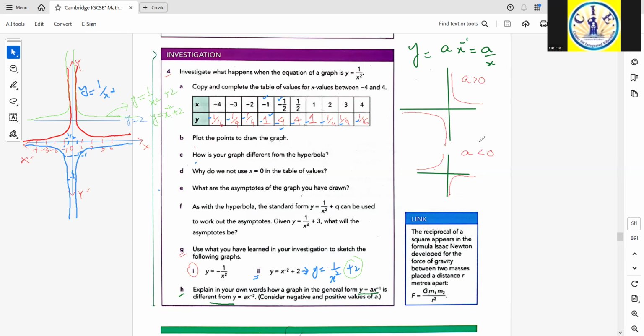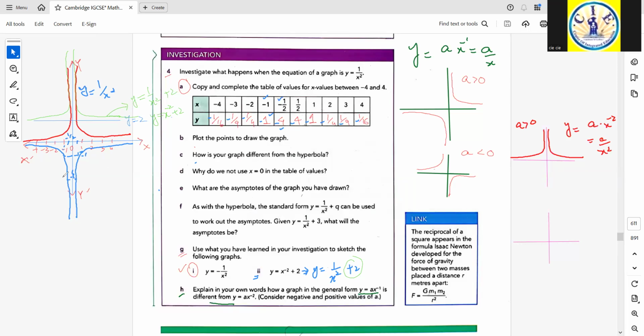And we have seen above in part A and in part G, part 1, that the graphs for y is equal to a x to power negative 2, which can be written as a divided by x squared, would be like this and like this when a is greater than 0.